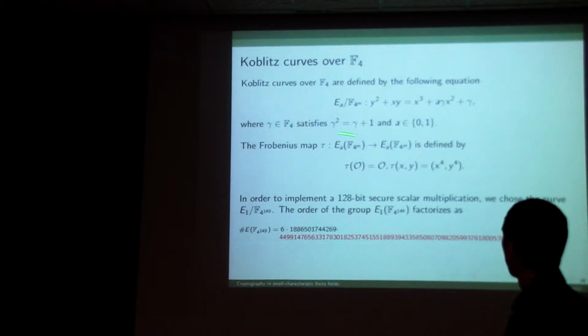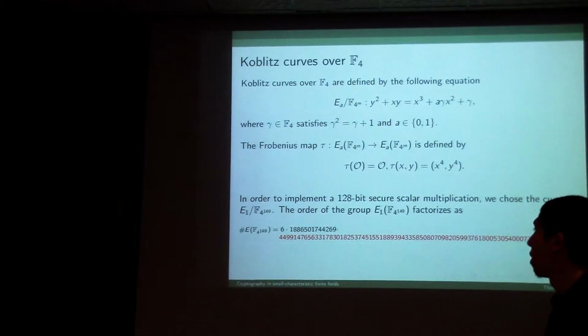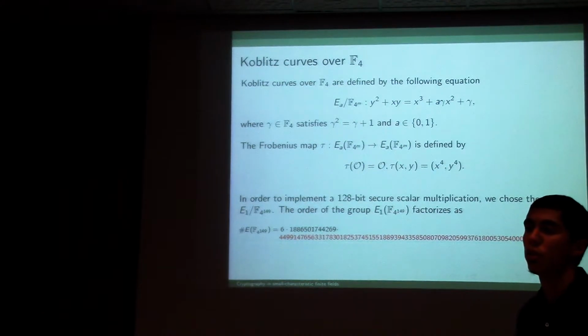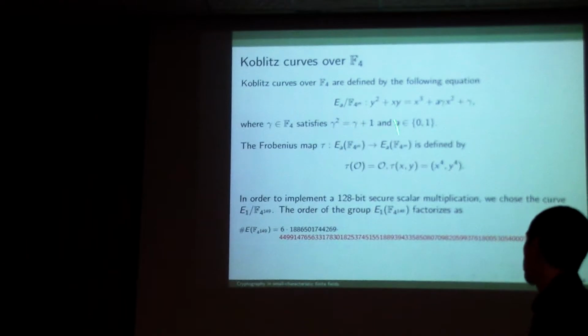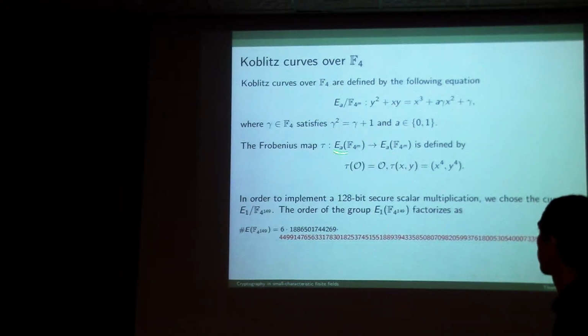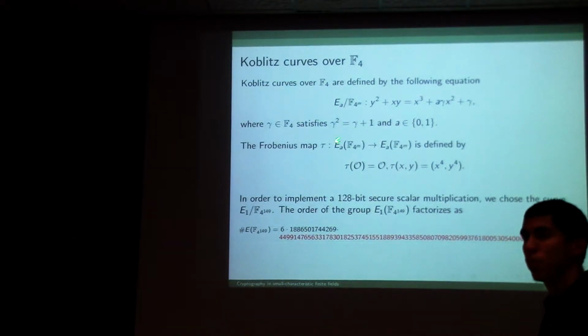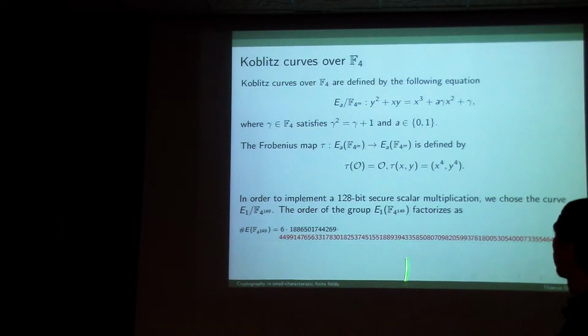Yeah, this gamma does not impose anything in choosing the group. If you have a certain parameter 0 or 1, you can choose this gamma as long as it satisfies this equation here. So here we need to take care about this parameter A. For our case, A equals 1.